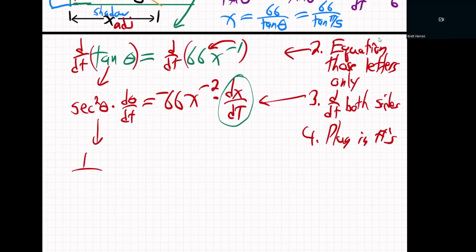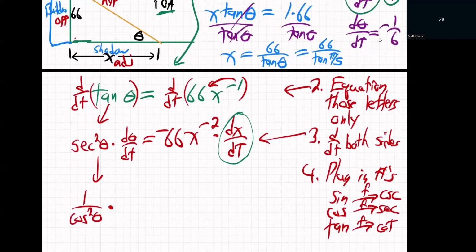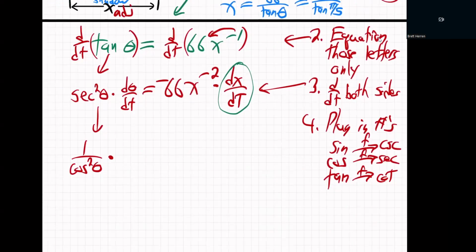Gonna have to make this 1 over cosine squared. You remember that? Secant is 1 over cosine. Remember sine, cosine, tangent. Remember your trig. Gotta remember your trig in calculus. If we flip those, it's cosecant, secant, cotan. So cosine and secant are flips of each other. So secant squared is 1 over cosine squared times, now d theta dt, we got that right here, minus 1/6.